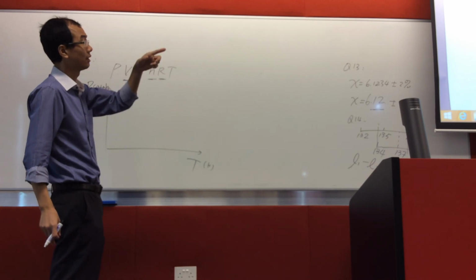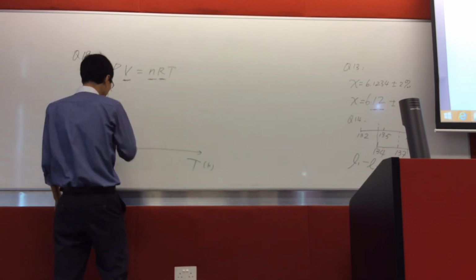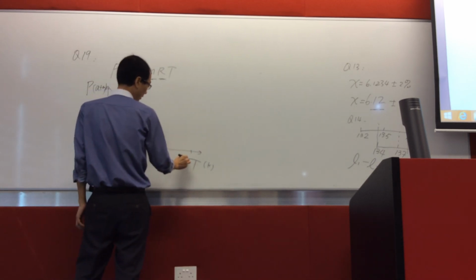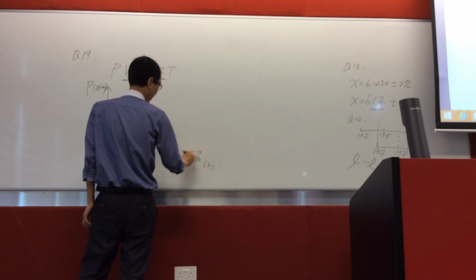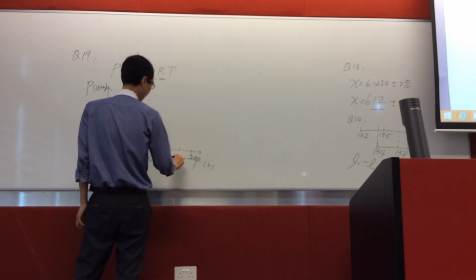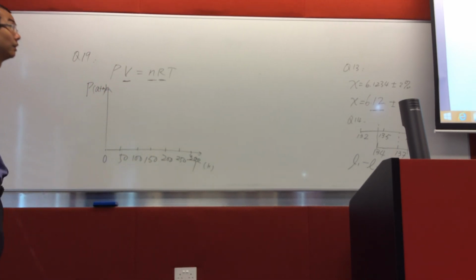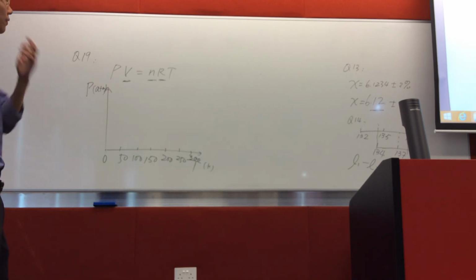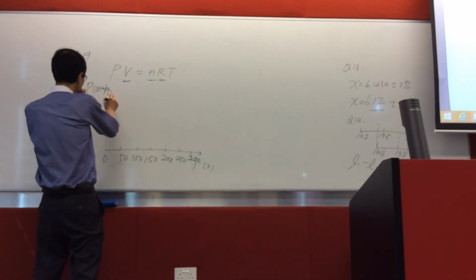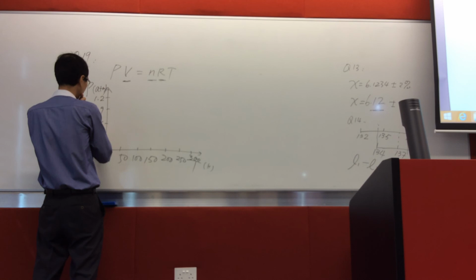In this case the temperature goes from 150 to 300, so you can plot the temperature in this range: 150, 200, 250, 300. What is the pressure? Pressure will be from 0.36 to 1.04, so the range will be 1.2, let's say. So this is 0.6, and this is 0.9. Yeah, just to give you one example.